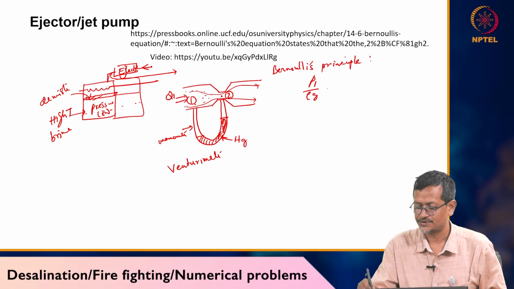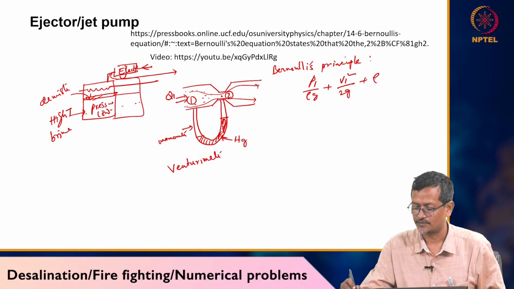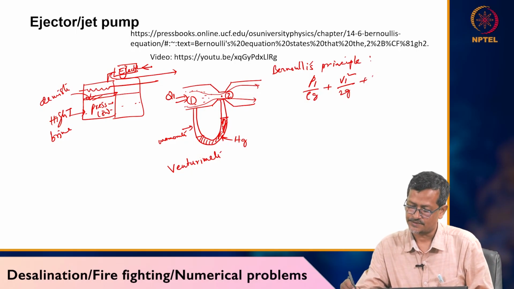P1 by rho g plus V1 square by 2g plus Z equals constant.